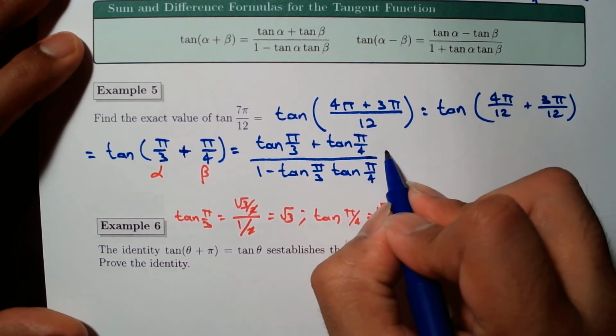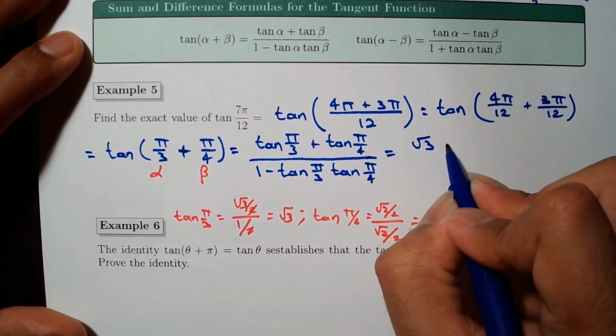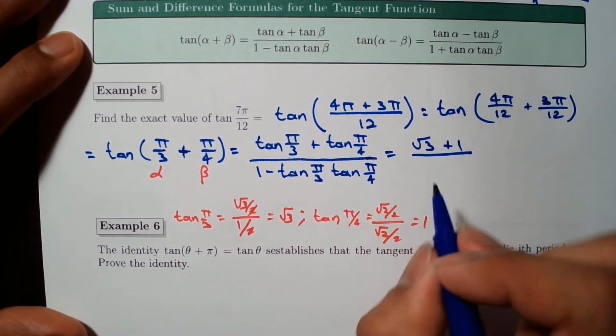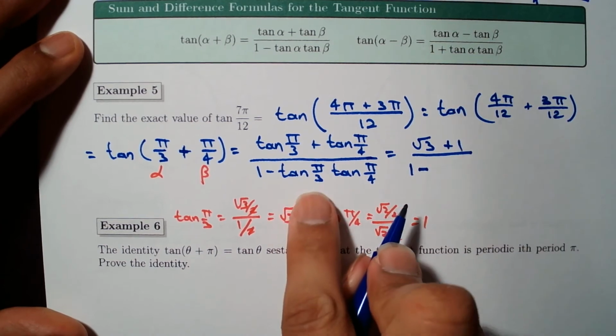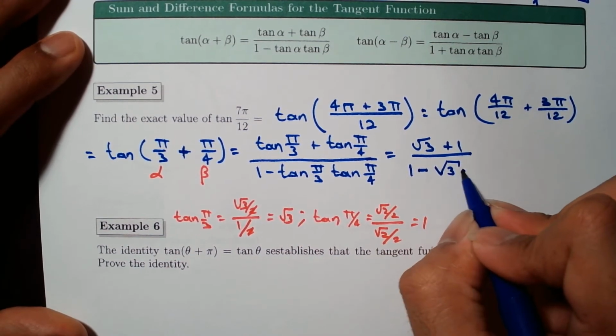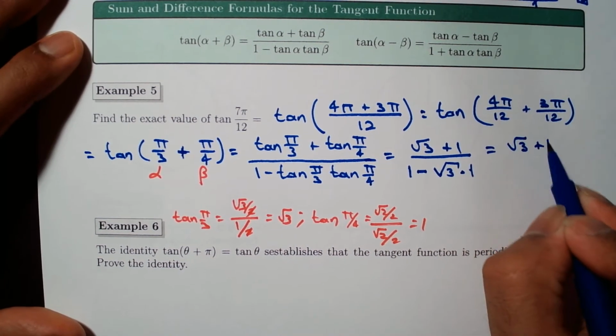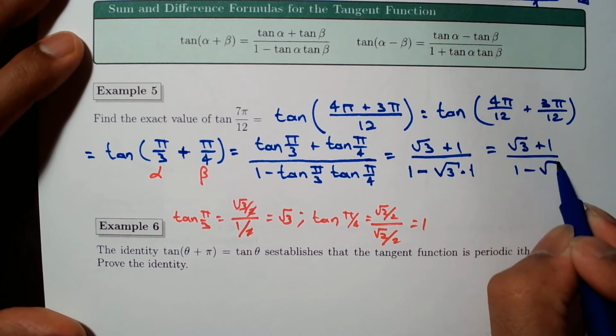So this will be root of 3 plus 1 divided by 1 minus root of 3 times 1, which is simply root of 3 plus 1 over 1 minus root of 3.